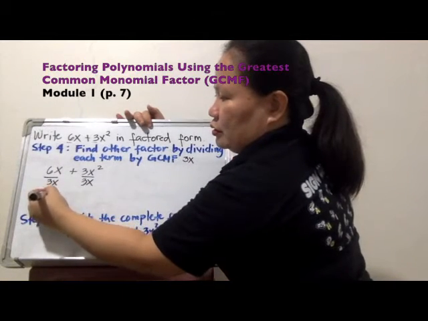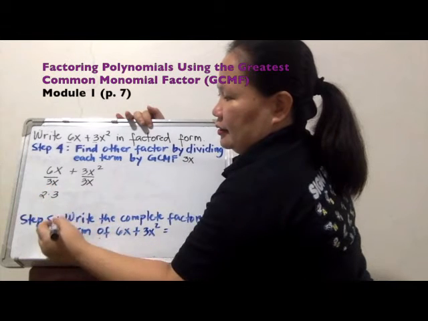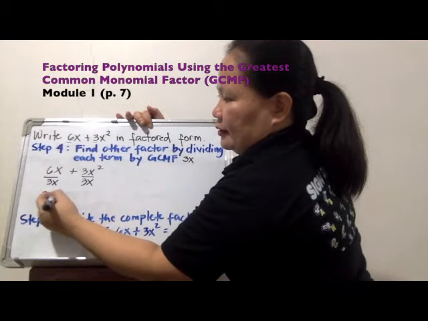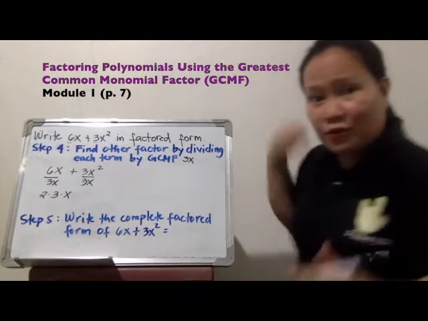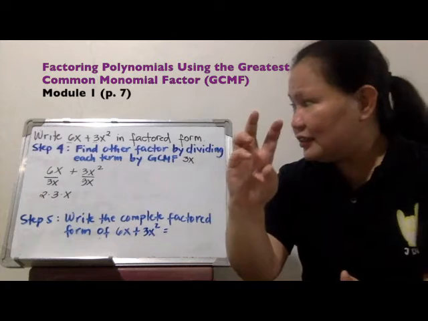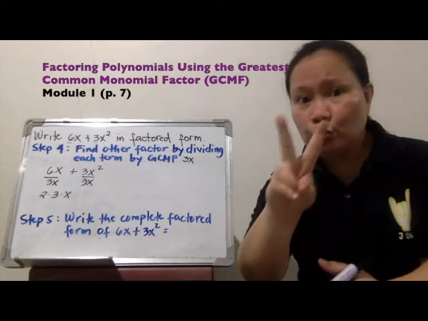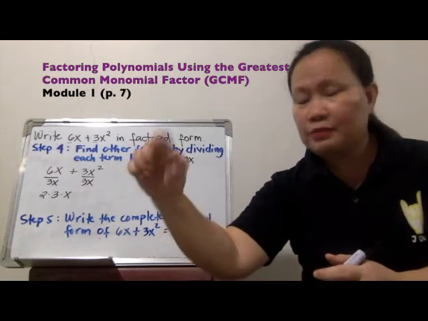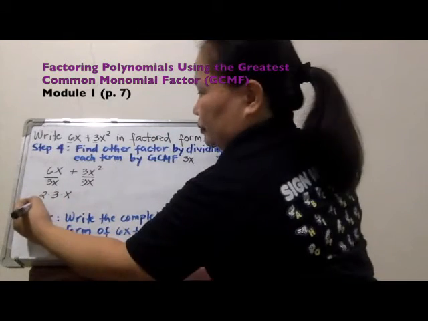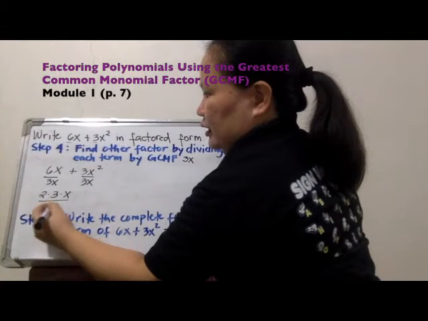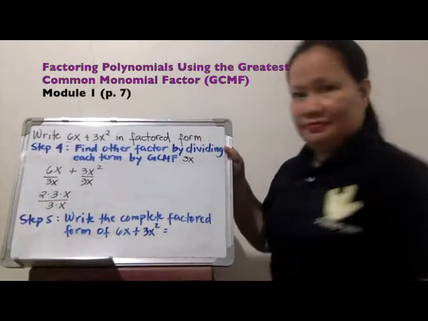It's 2 times 3 times x. So we're factoring the 6x into 2 times 3 times x. And then, on the denominator, we have 3 times x.